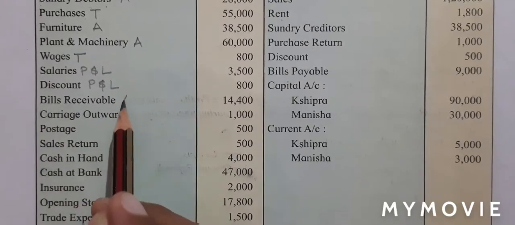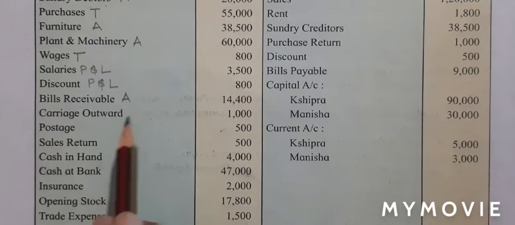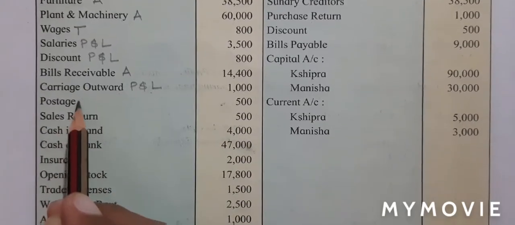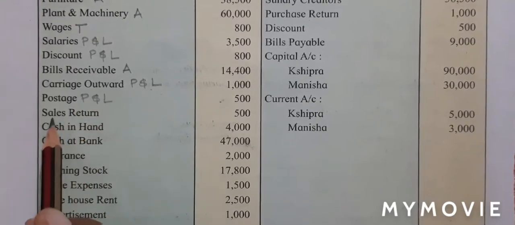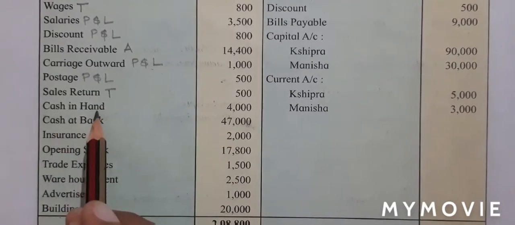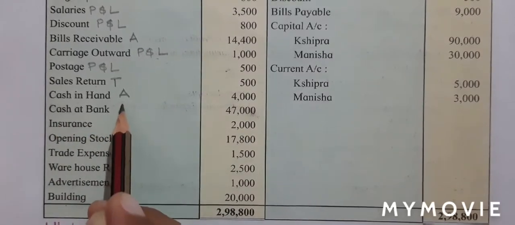Bills receivable, asset. Carriage outward, profit and loss account. Postage, profit and loss account. Sales return, trading. Cash in hand, asset. Cash at bank, asset.